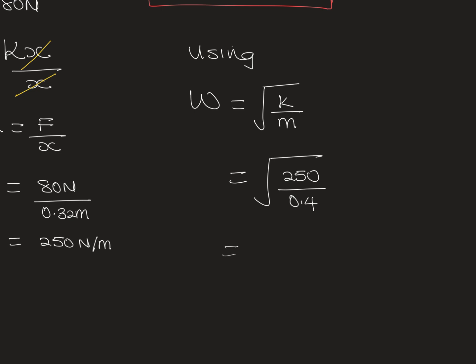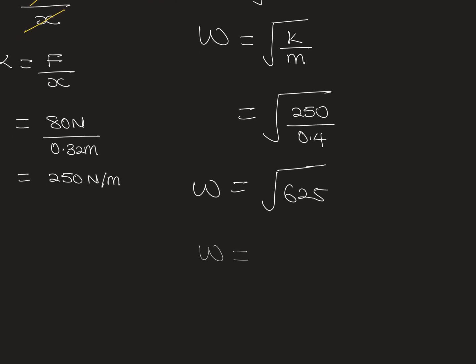So that will be the square root of 250 divided by 0.4, which is 625. So what is the angular frequency? The angular frequency is the square root of 625, which is 25. So that will be 25 radians per second.